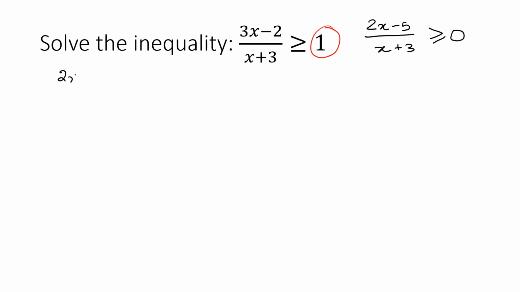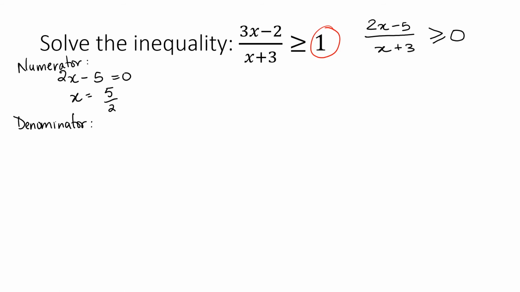So 2x - 5 equal to 0 makes x equal to 5/2. Okay, and that's our numerator. And then we look at our denominator to find our second value of x. That will be our reference values.